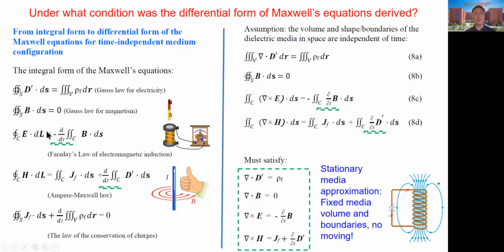On the left-hand side, from here to here, you use Stokes' law. Mathematically, you can convert that. This is valid for any circuit. You can drop the integral over dS and arrive at the third equation in the Maxwell equations. But this was based on an important assumption: the stationary medium approximation, fixed medium volume and boundary, no moving.